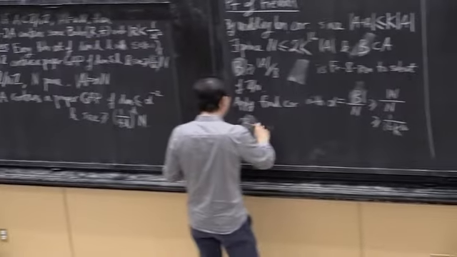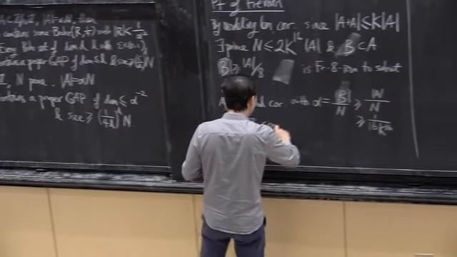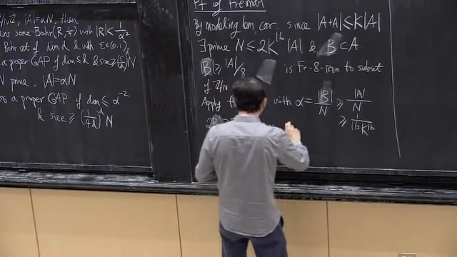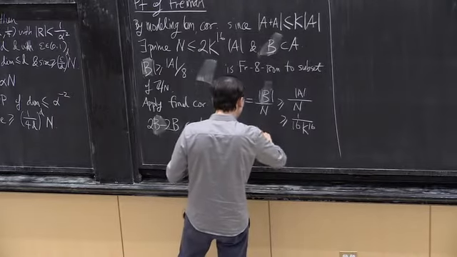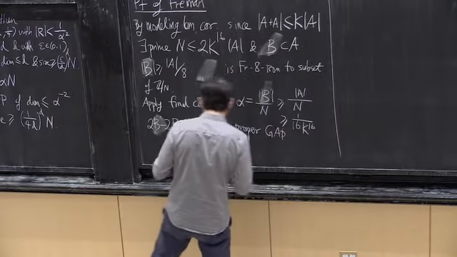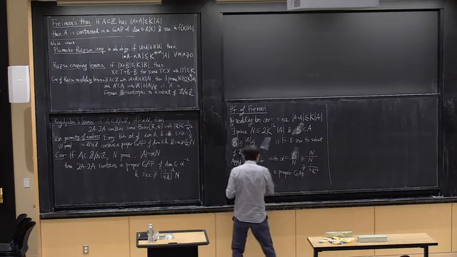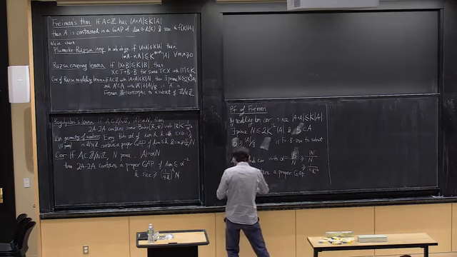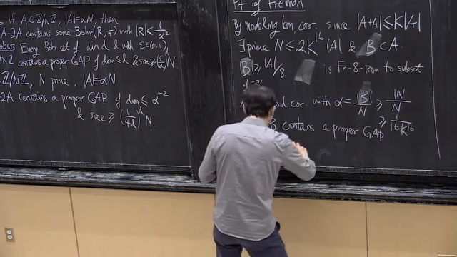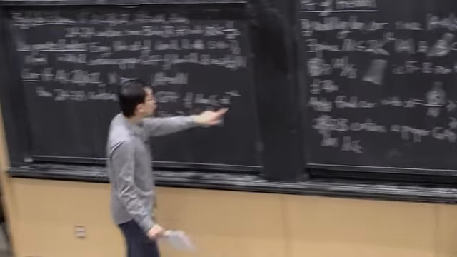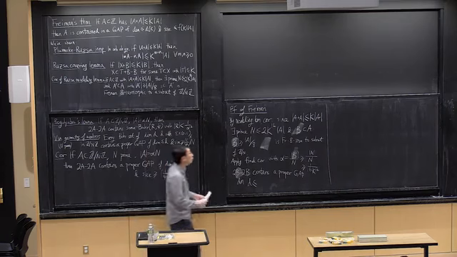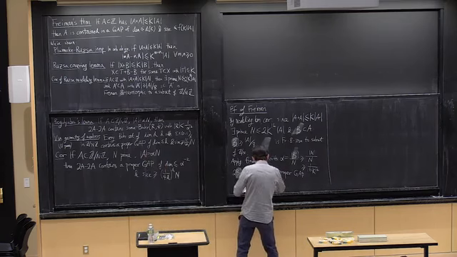Okay, so 2B minus 2B now contains a large GAP. And the GAP has dimension d bounded, right? So the dimension is bounded by alpha to the minus 2. So, okay, it's some constant.